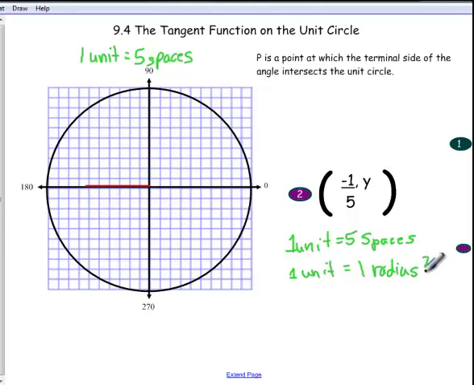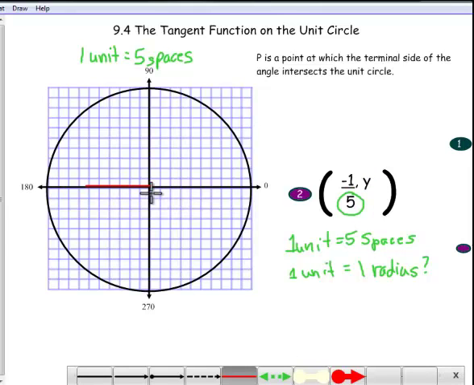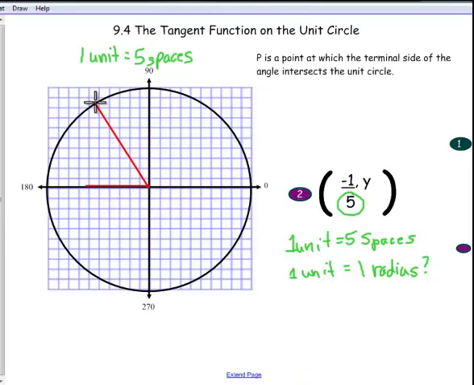And it doesn't matter. I tend to like to look at this as my hypotenuse. So then I go to draw it. There's my hypotenuse. And I look at that as 5.